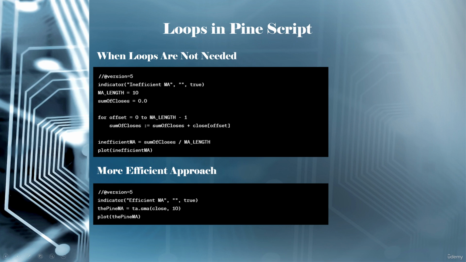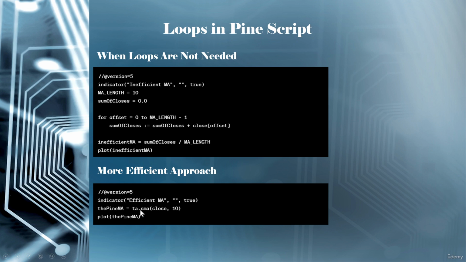So there is a more efficient approach to avoid this loop and calculate the same average of the close price for the last 10 bars. And this approach is presented in the next code example.